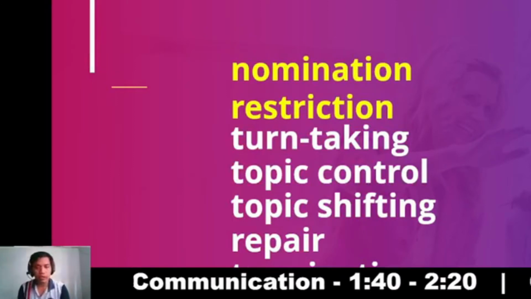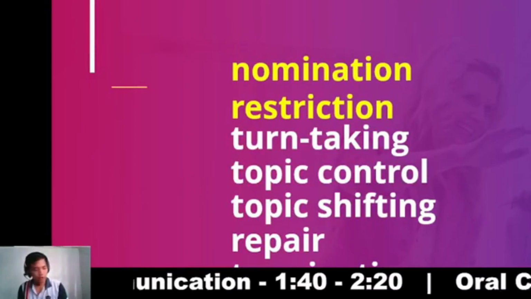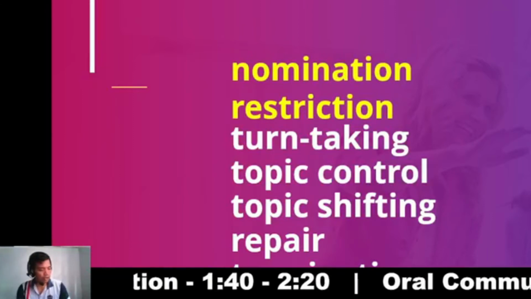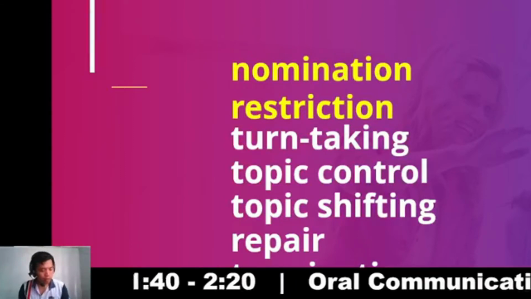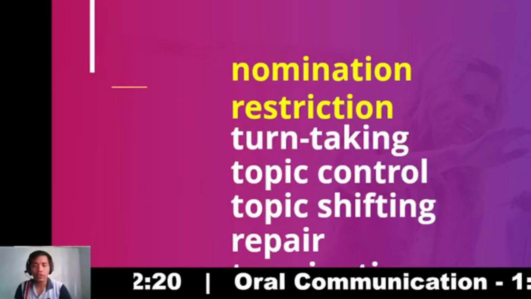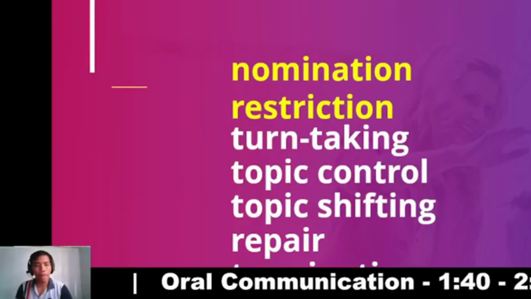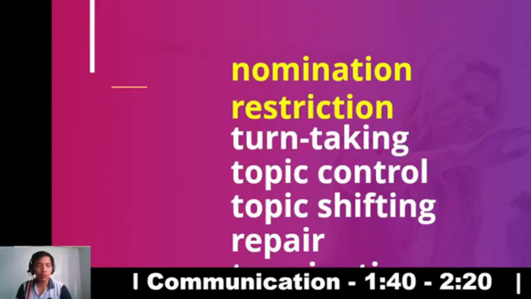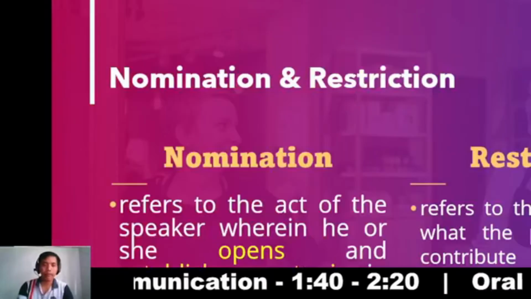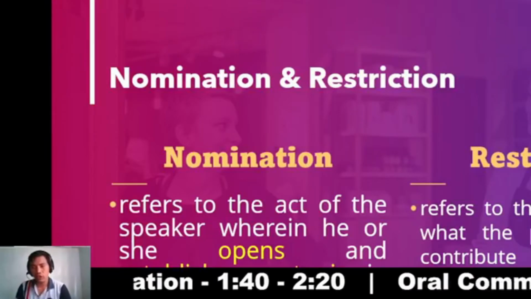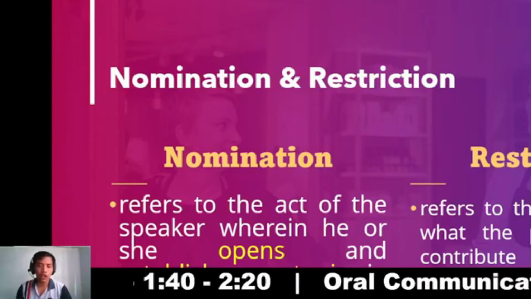Take note of this. Although you have your modules with you, there are some differences in how it was defined in your module and in this live stream. So nomination and restriction, how are they different from each other?